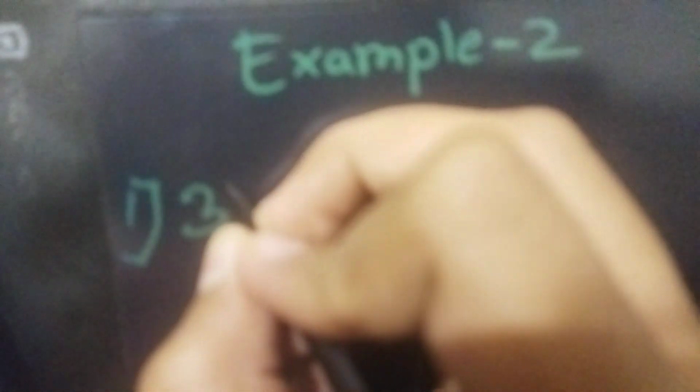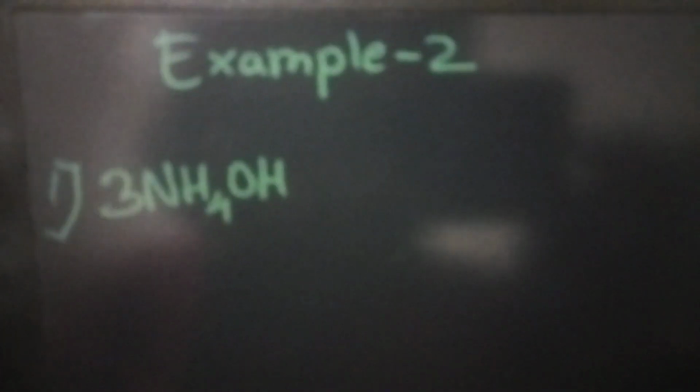Now let's move on to our second example. For example 2, let's take a different equation which is not ending with Cl, so that you'll be able to understand it clearly. Let's take 3NH4OH. Alright, so here is our example.